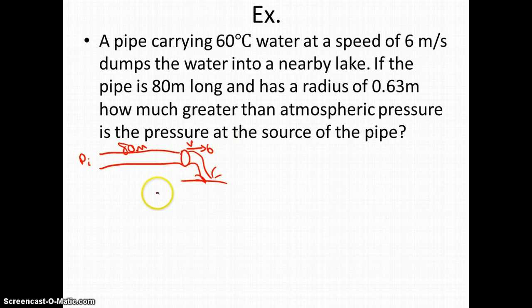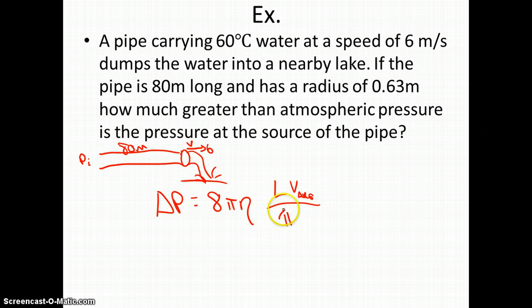And so what I can do is find the change in pressure, which is equal to 8 pi times the coefficient of viscosity, length of the tube, average velocity, over pi r squared for the area of that pipe. The nice thing here is that these pi's actually cancel.